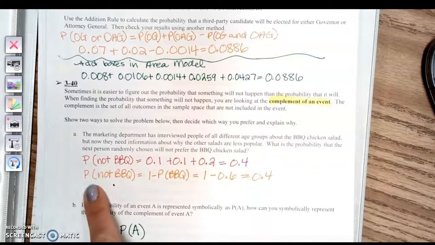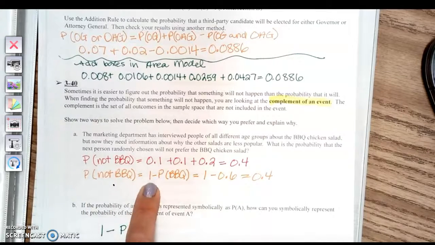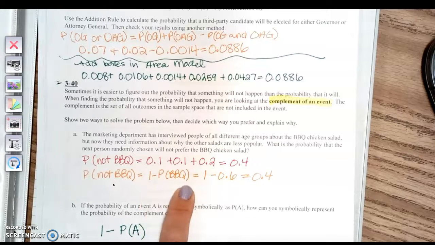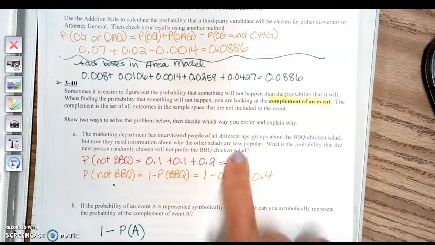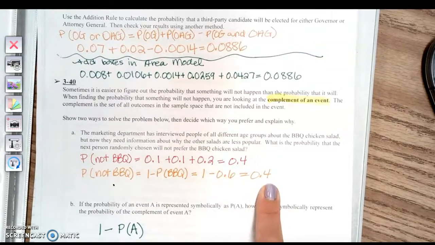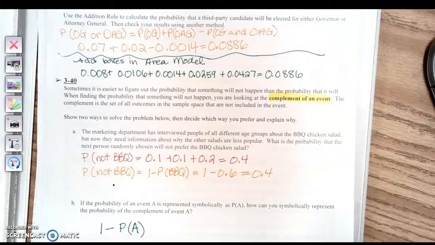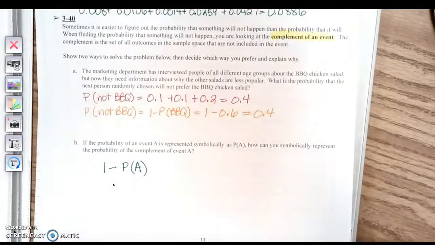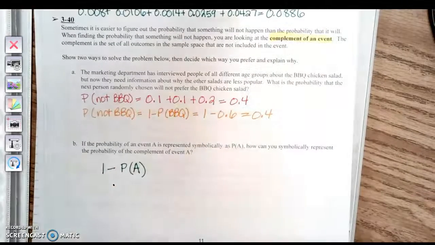Or the other way is to start with 1 and subtract the probability that they do like the barbecue. You end up with the same answer. You end up with 0.4 and 0.4, which is roughly 40%. You multiply those by 100, you're going to get 40%.